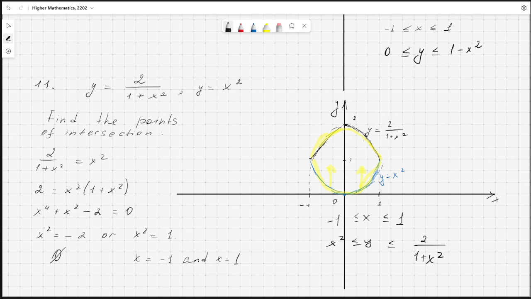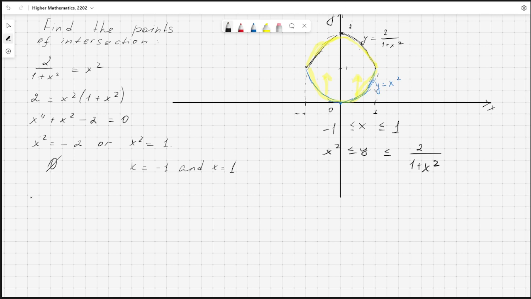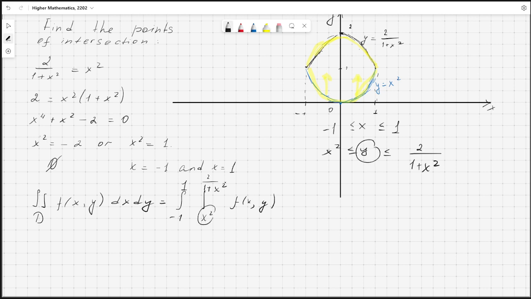And our integral over D of f of xy dx dy will be equal to integral from -1 to 1 of integral from x squared to 2 over 1 plus x squared of f of xy, then dy from this to this dy.